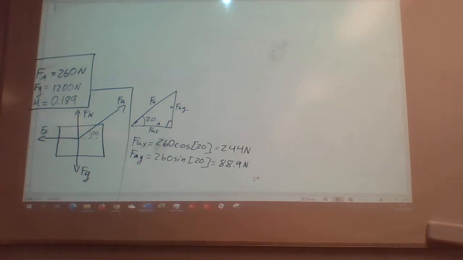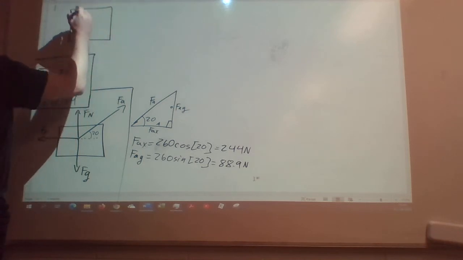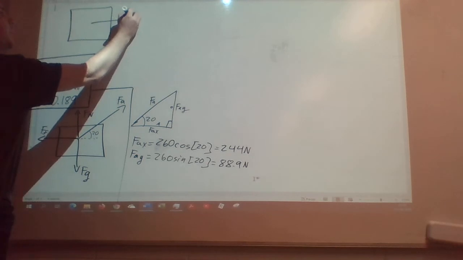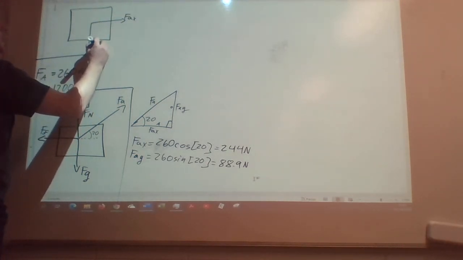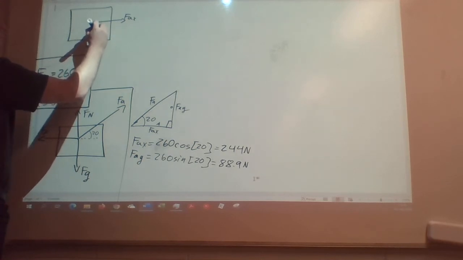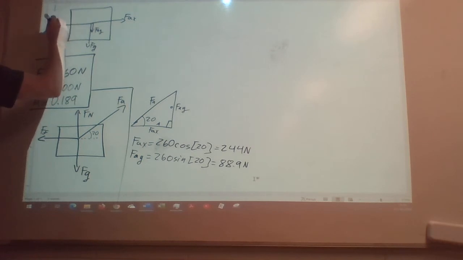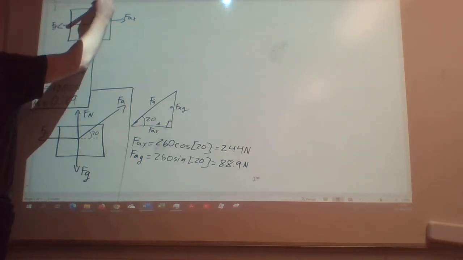Now, from here, we need to write our sum of forces, so I'm going to redraw this diagram again up top. So we have our crate, we have a positive FAX, a negative FG, a negative FAY, a negative force of friction, and a positive normal force.